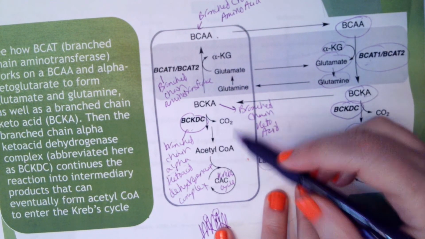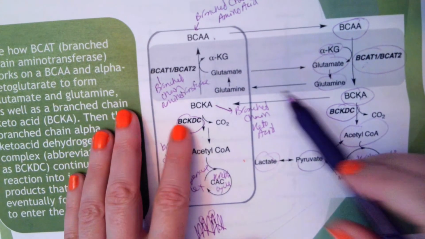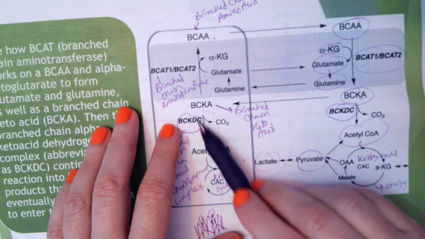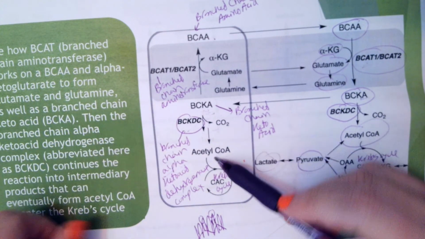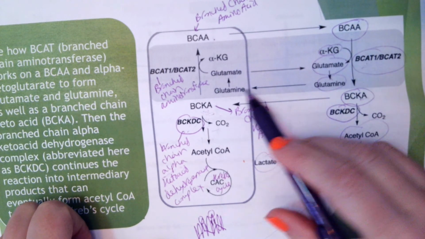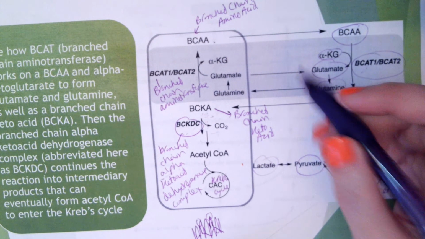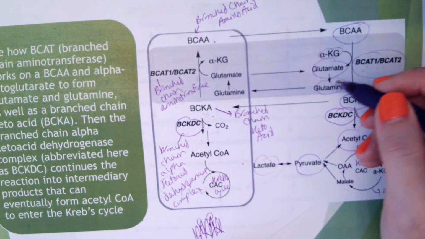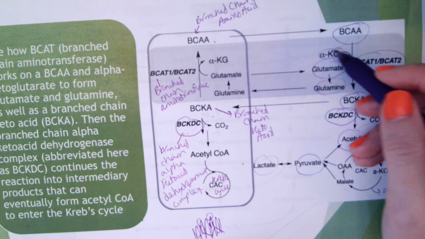But same over here. I don't know why they put it over here again with slightly less detail, but there's just the branched chain keto acid, and that enzyme complex that can make acetyl CoA and start it into the Krebs cycle. Anyway, the important part here is that the glutamine and the glutamate can be recycled, and the alpha ketoglutarate.